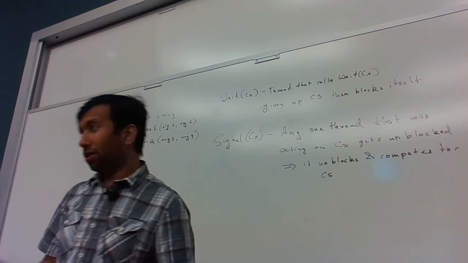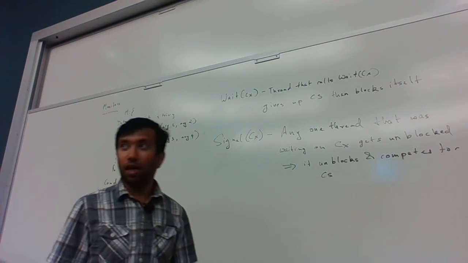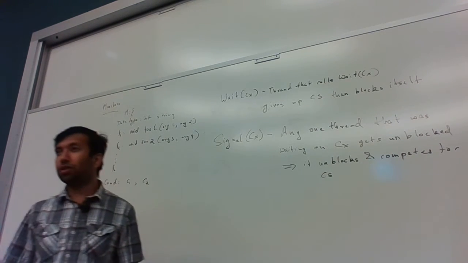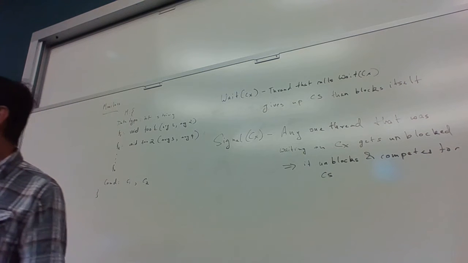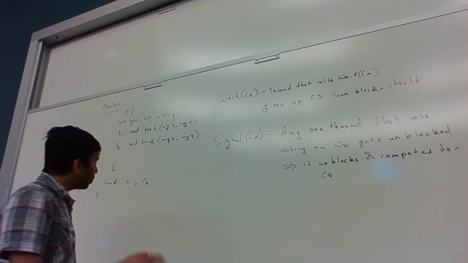It cannot immediately get it, because the thread that called signal is in the critical section right now, as it is executing the function. It unblocks itself, and then in the next CPU scheduling cycle it will compete for the critical section. So that is wait and signal.